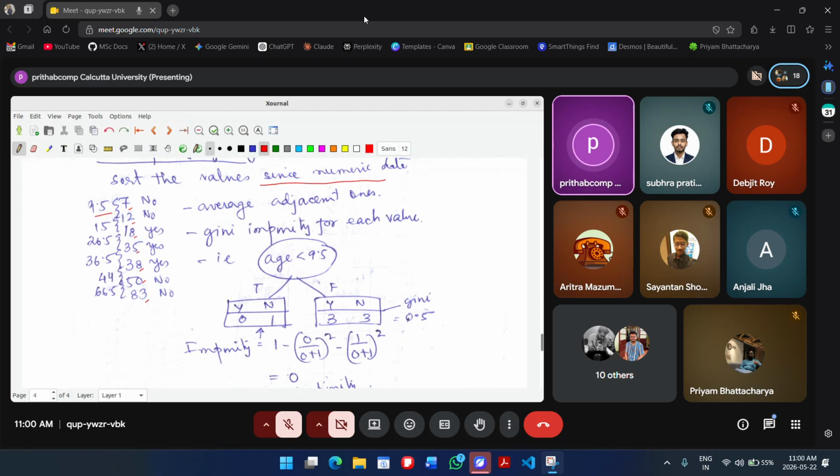So 7 and 12 average is 9.5, 12 and 18 average is 15, 18 and 30 and so on. Continuously you do this averaging. Now what is required is we need to compute the Gini impurity for each of these values. Which values? 9.5, 15, 26.5, 36.5, 44 and 66.5.